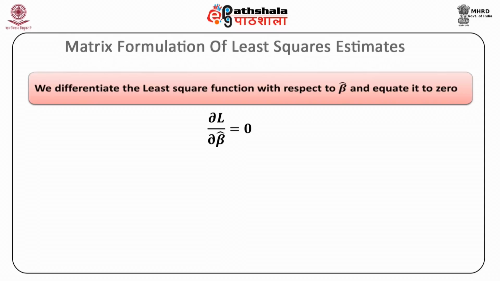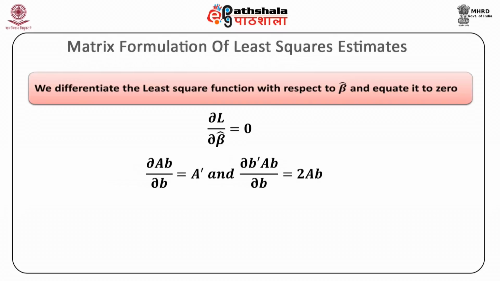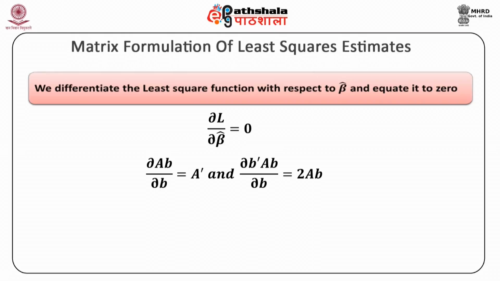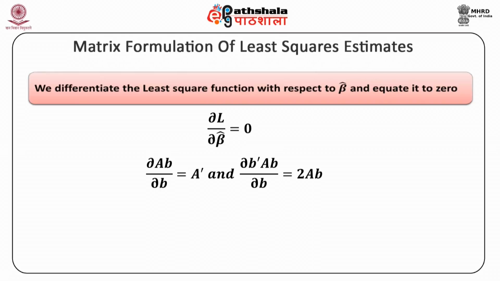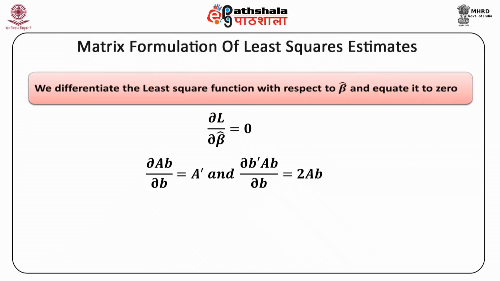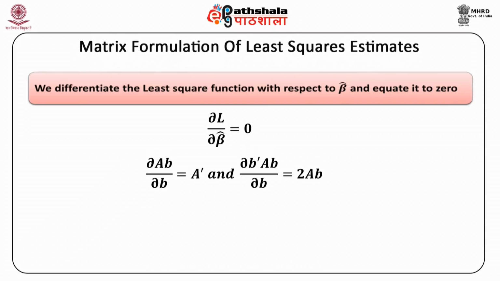The results used are: the derivative of AB with respect to B is equal to A prime, and secondly, the derivative of b prime Ab with respect to b is equal to twice Ab.